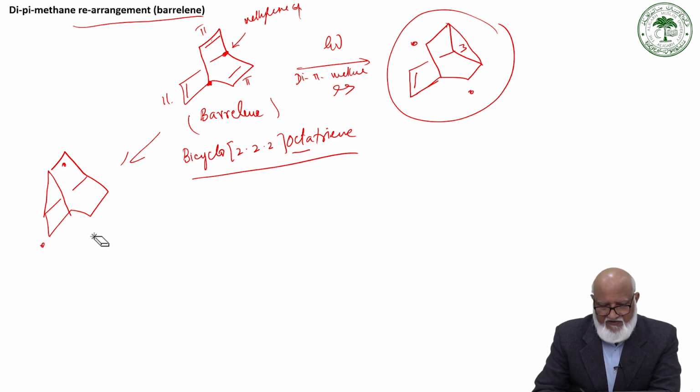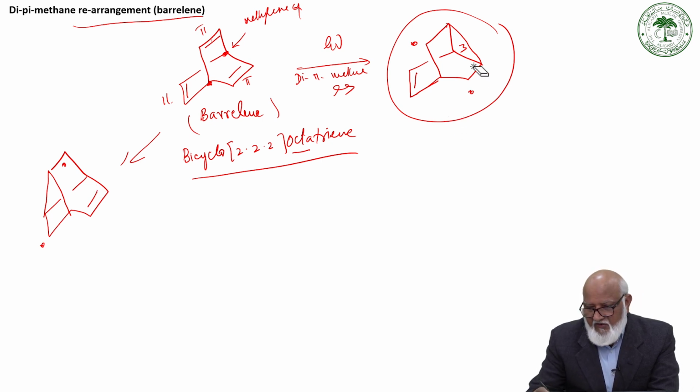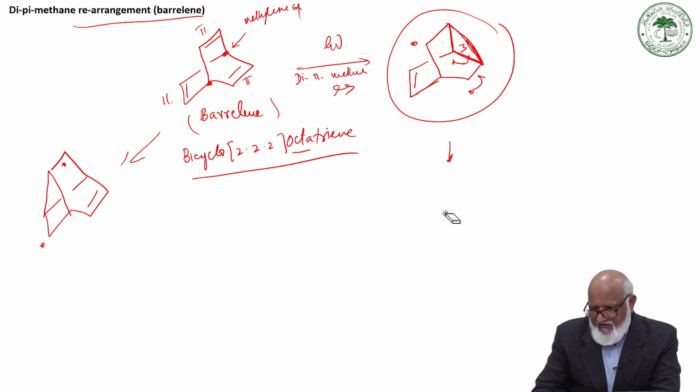Any of these double bonds, and now it will open, opening of the cyclopropane ring. This cyclopropane ring will open up, forming a double bond. If we have to open this one, then we end up with a diradical.